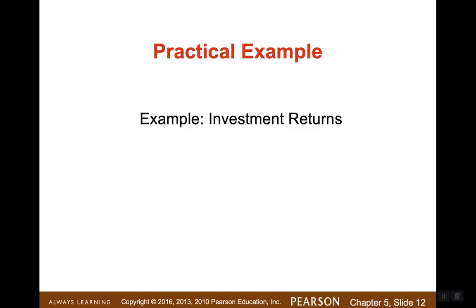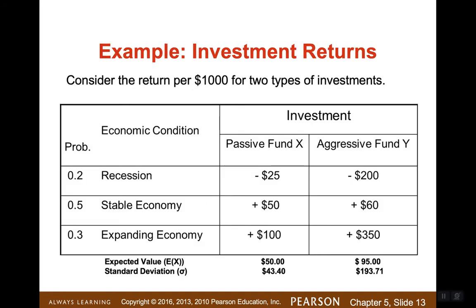So in this case, we'll put together our table. We're going to evaluate investment outcomes against economic conditions. We have two types of investments, and we have three potential economic conditions: a recession, a stable economy, and an expanding economy.